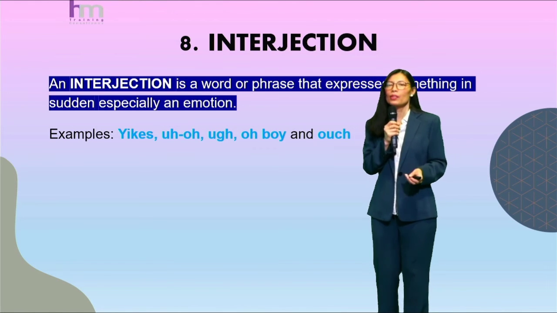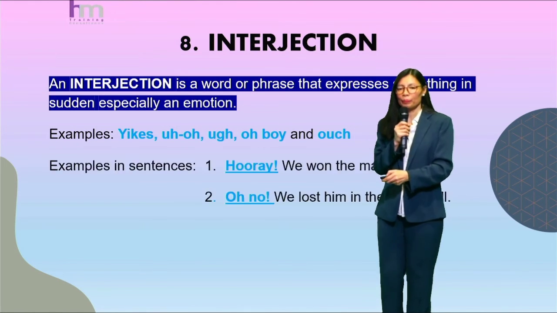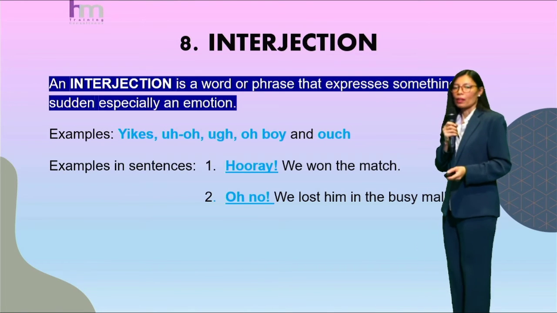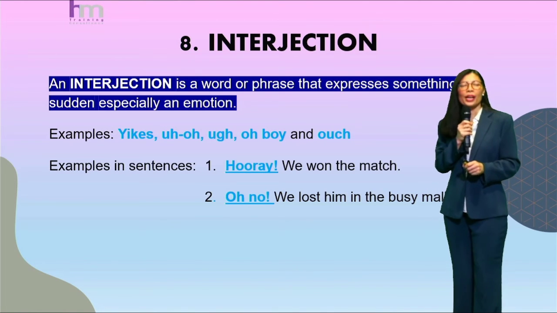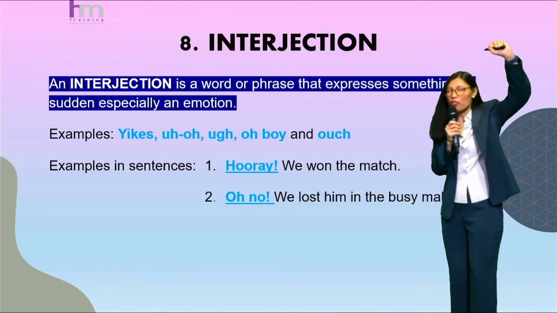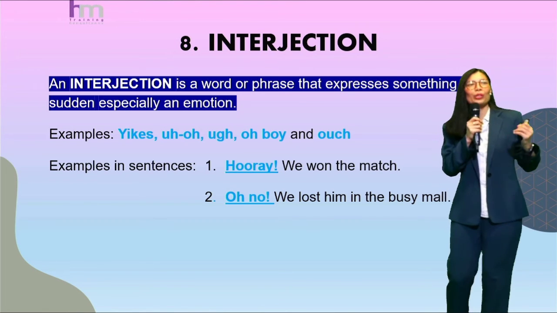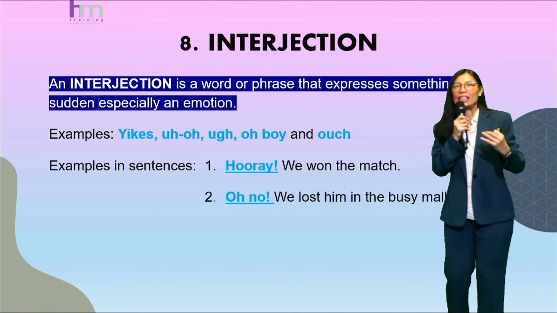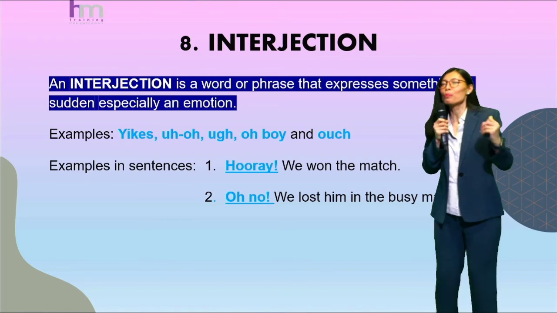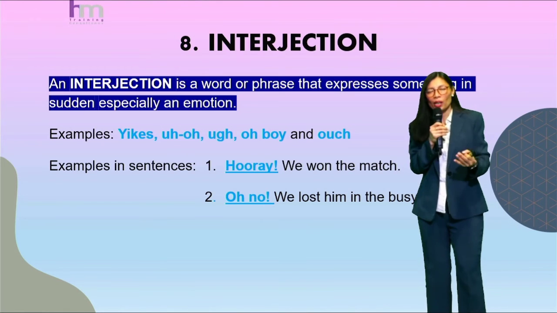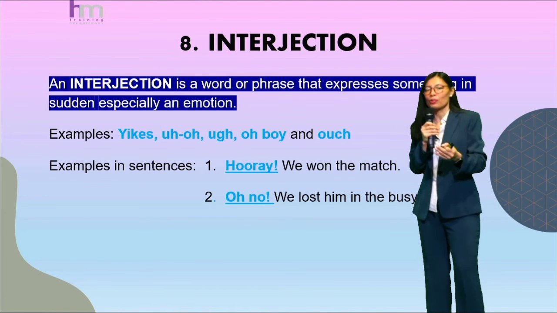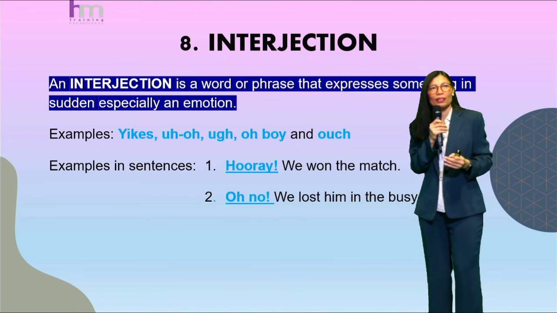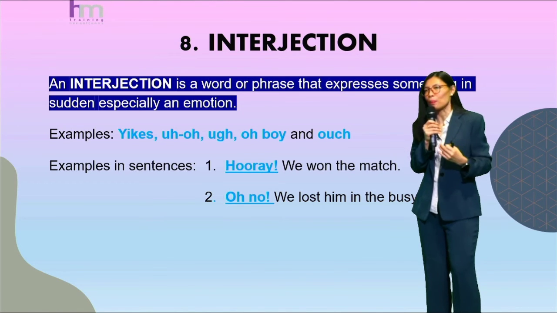An example here, the first one: hooray, we won the match. When you're face to face with somebody, your emotion is really eager, so you say hooray and have the movement. Whereas in writing, it's difficult. So you have to have the exclamation mark and the word hooray to say that you're really happy.